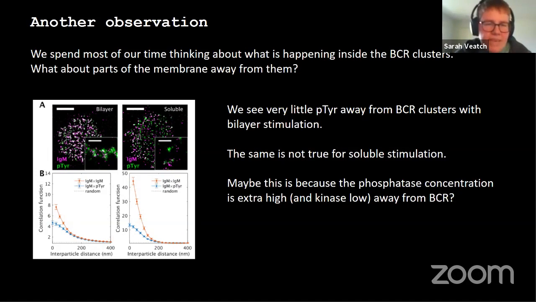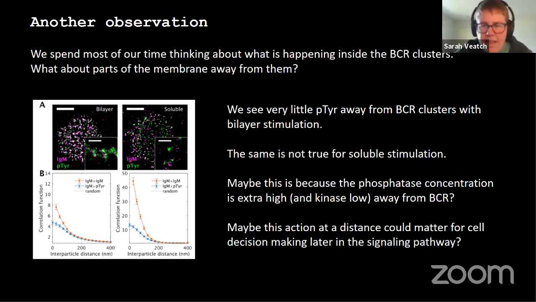And maybe this makes sense because we'd guess that the phosphatase is more excluded from these receptor clusters, and since they're taking up more of the membrane, the concentration of the phosphatase away from the B cell receptor clusters is going to be higher. And so the phosphatase is going to win even more in those spots. And maybe there's some action at a distance that can matter.